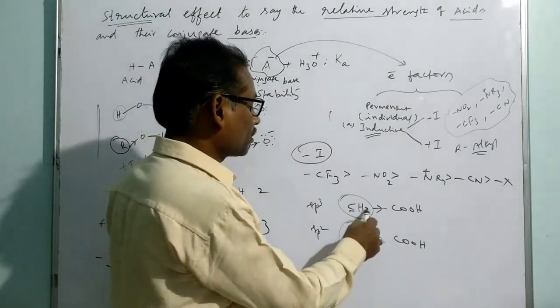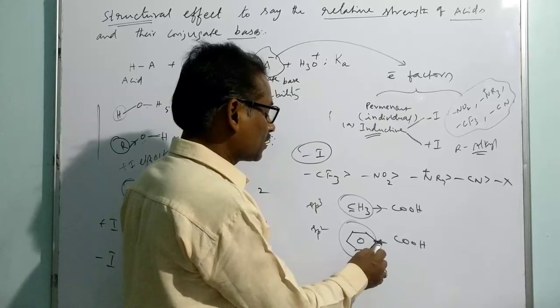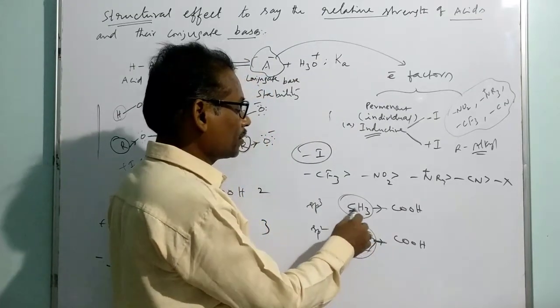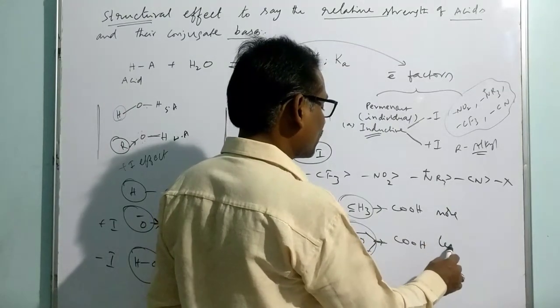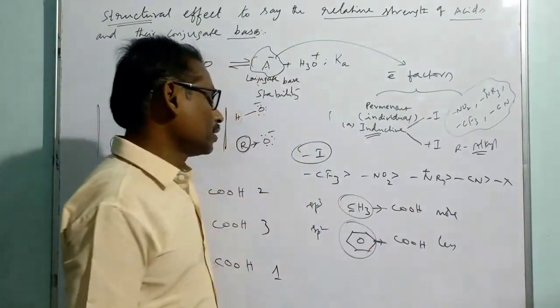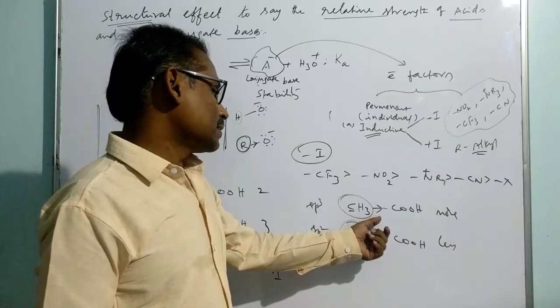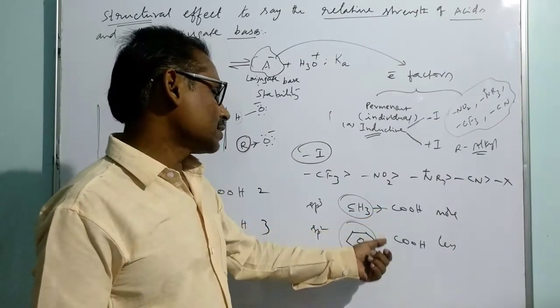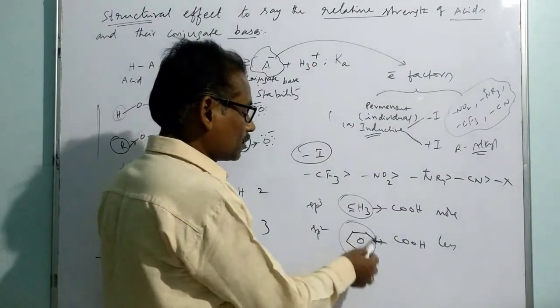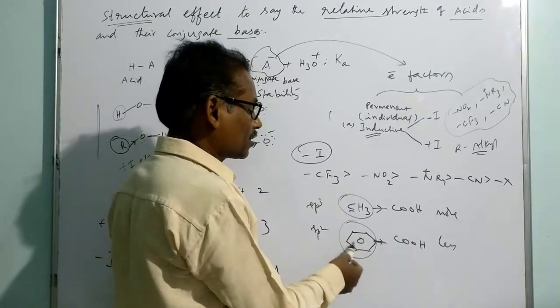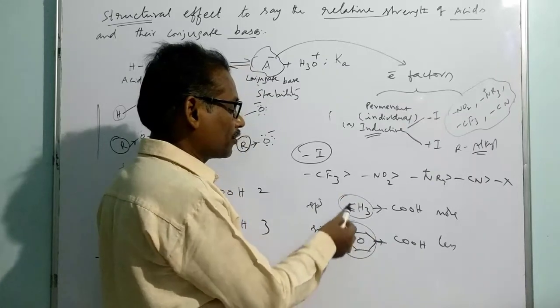The movement of electrons along the sigma bond is less here and more here. The pumping of electrons will be more here, but here the pumping will be less based on electronegativity. That's why acetic acid is a weaker acid compared to benzoic acid. This phenyl group pumps the electron to a much lesser extent compared to the methyl group, based on the electronegativity of carbon.